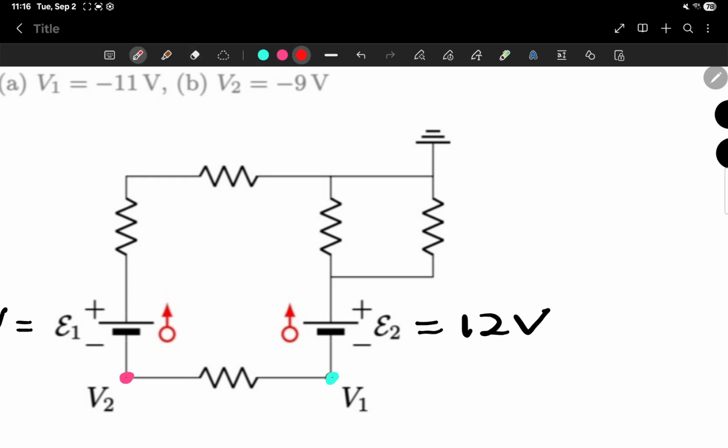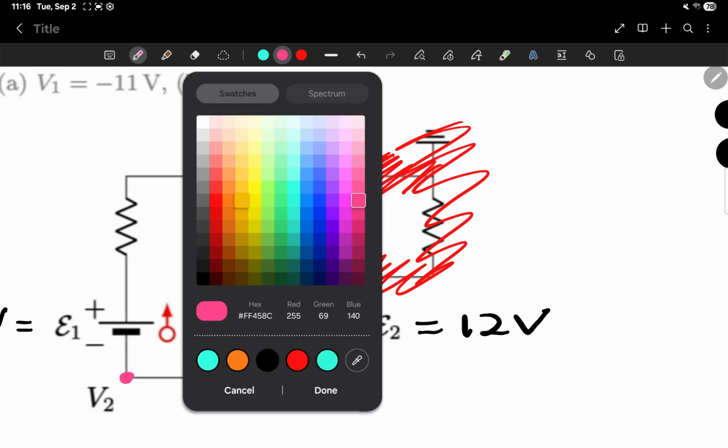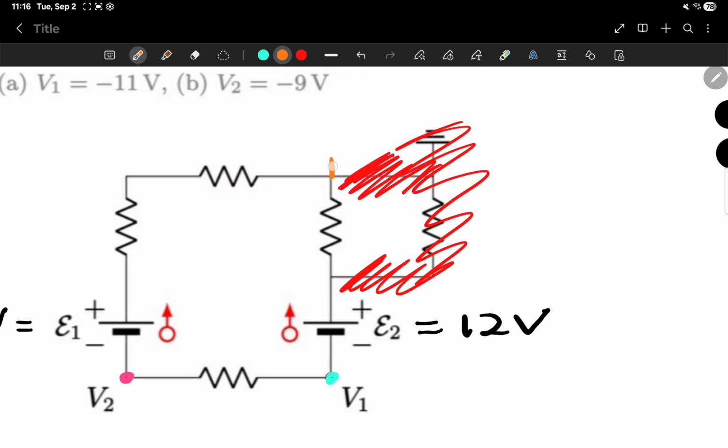So I'll use a different color. Whatever I have crossed out in red, you can ignore that now. And instead I'll use a different color. So the ground is here now, basically. And this resistor here is now the combination of those two resistors that were in parallel.